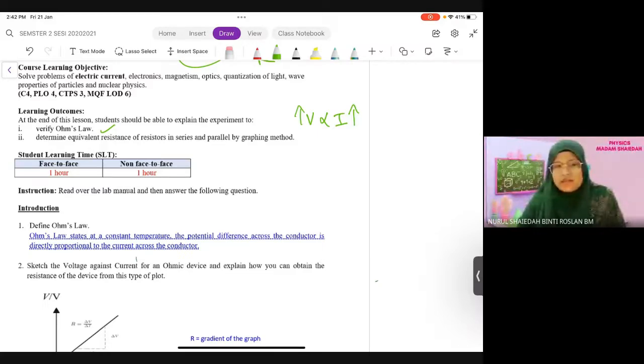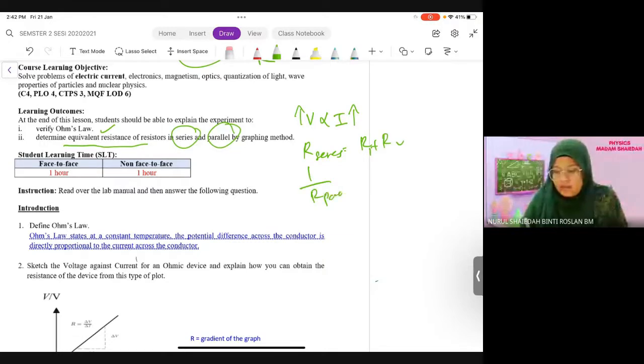Ataupun you increase the I, V pun kena increasing. And then determine the equivalent resistor in series and parallel. Macam saya cakap tadi, R untuk series adalah plus, tambah. Tapi R untuk parallel dia terbalik dengan kapasitor, dia adalah 1 over R equals 1 over R1 plus 1 over R2. So kita nak kena tunjukkanlah dia punya pengiraan ni.